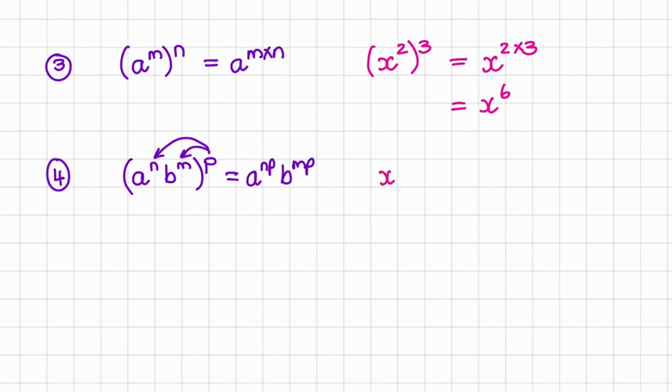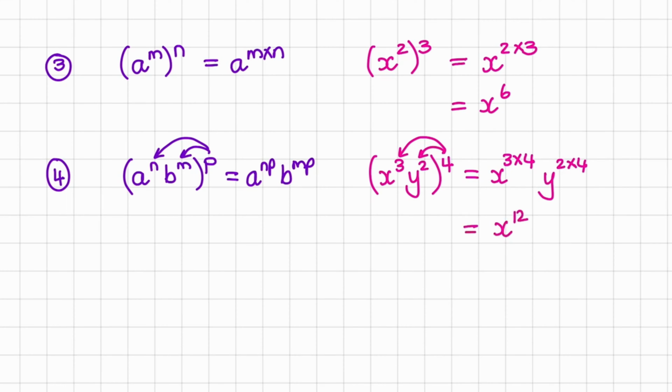Let's say we have x cubed, y squared, and we want to raise this to the power of 4. This would be the same as saying x to the power of 3 times 4, because I multiply the 4 with the 3. Y to the power of 2 times 4, because I multiply the 4 with the 2. And that simplifies to x to the power of 12, y to the power of 8.